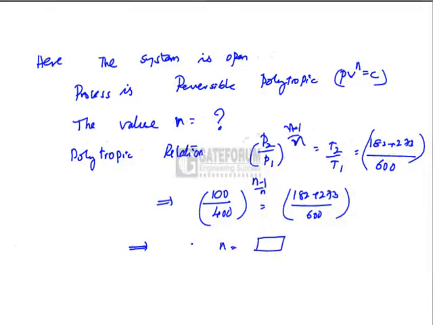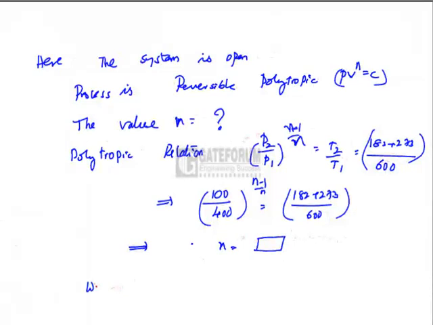It may be obtained as something like 1.25 or 1.3, because usually the value of n falls between 1 and gamma. Gamma of air is 1.4, therefore the n value would fall between 1 and 1.4. That may be 1.25 or 1.3.